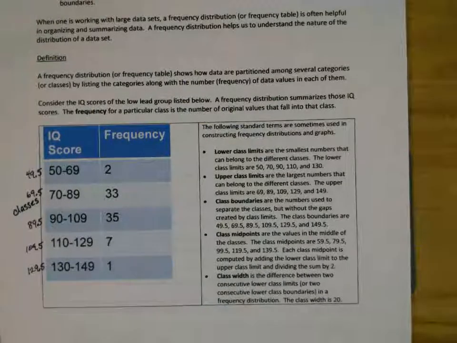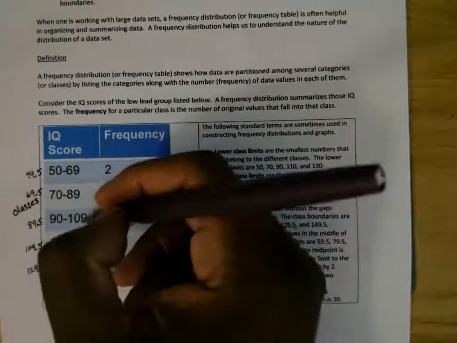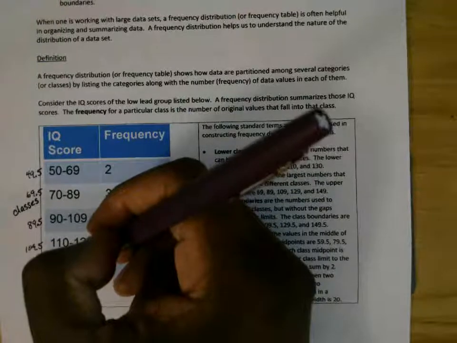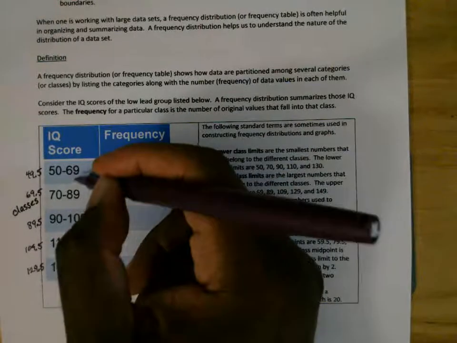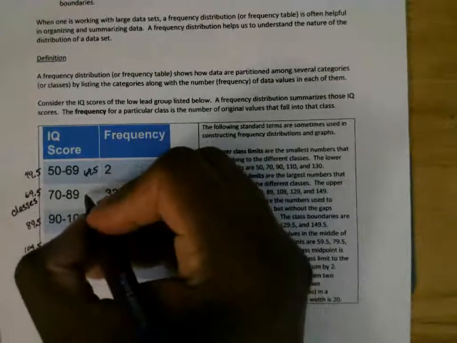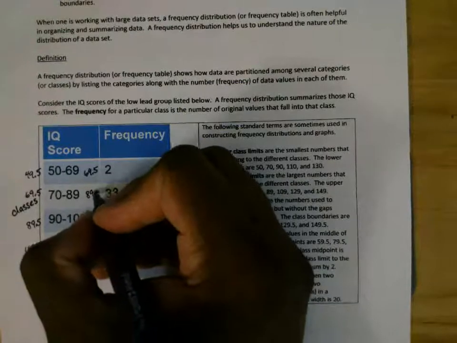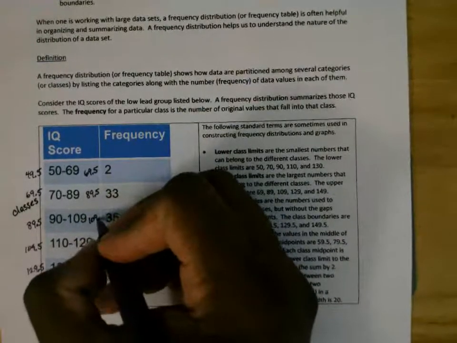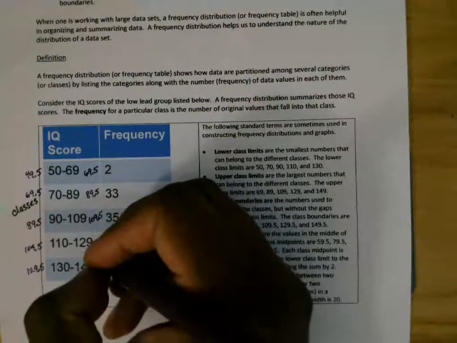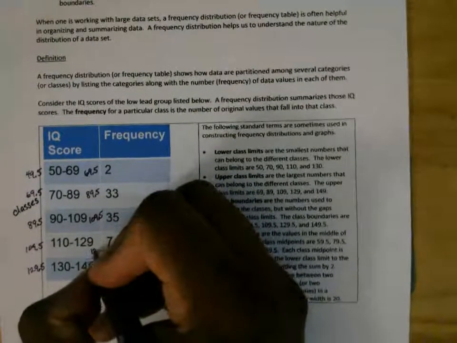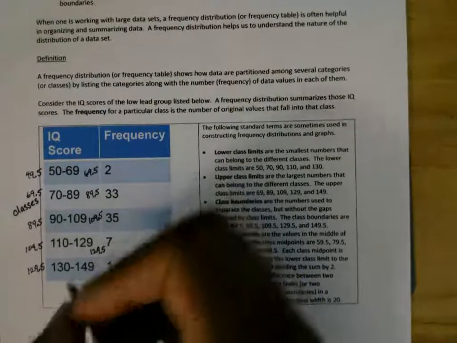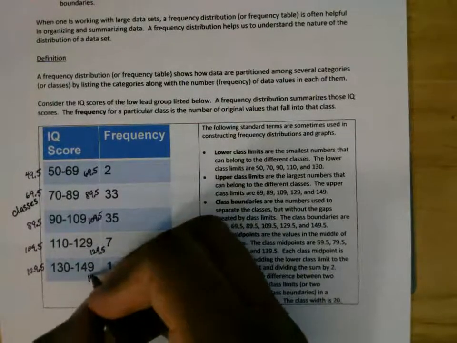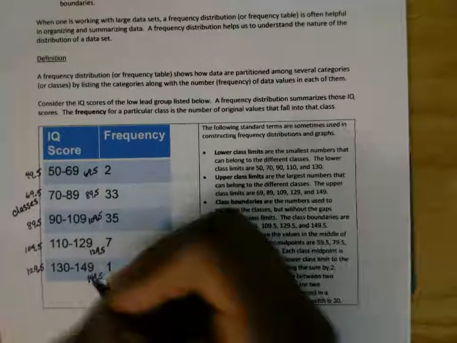129.5. And for the upper class limits, I'm going to add 0.5 to each of these upper class limits. So 69 plus 0.5 will be 69.5. 89 plus 0.5 will be 89.5. 109 plus 0.5 would be 109.5. And then 129 plus 0.5 would be 129.5. And then 149 plus 0.5 would be 149.5.